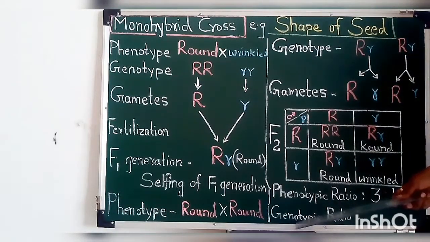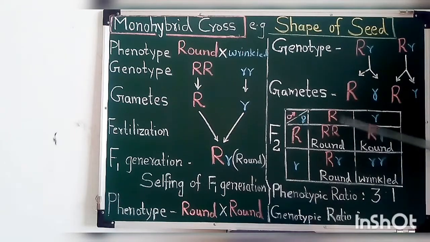Similarly, we'll calculate the genotypic ratio. This genotypic ratio also we have to calculate from the checkerboard itself. For that, we have to see the genotypic or the genetic constitution of the individual, and these alphabets represent the genetic constitution.